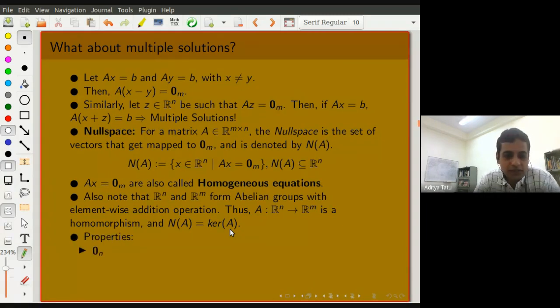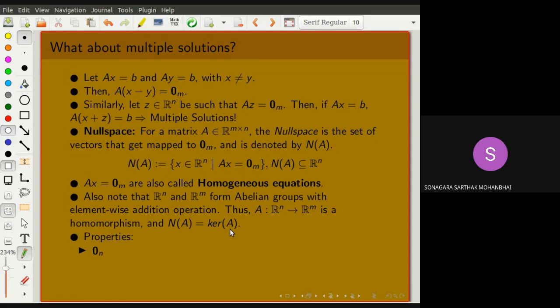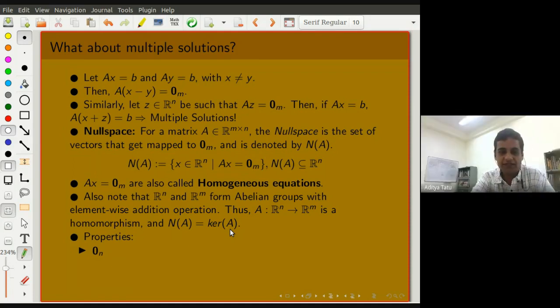Okay, how about this vector 0n? Will it belong to the null space of this matrix A, of any matrix A? Yes. It's trivial. I think we just wrote that down on the slide of column space. Since any matrix of size m cross n will map 0n to 0m, 0n will always be an element of the null space.